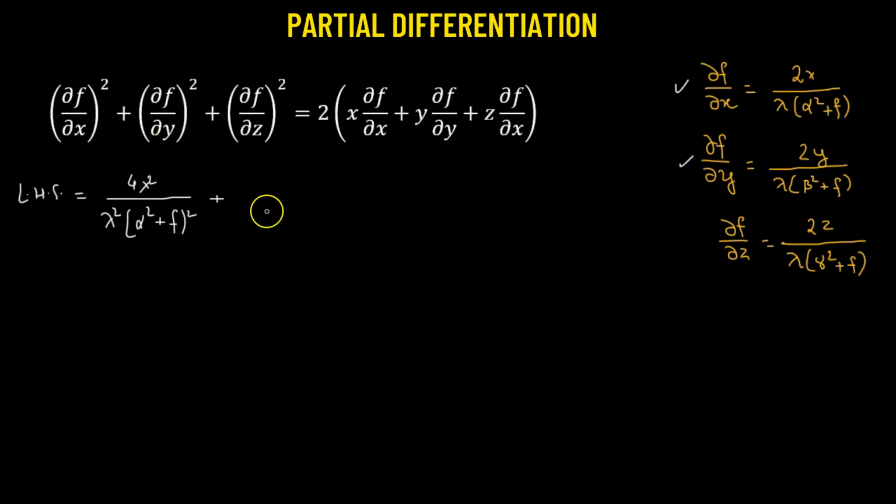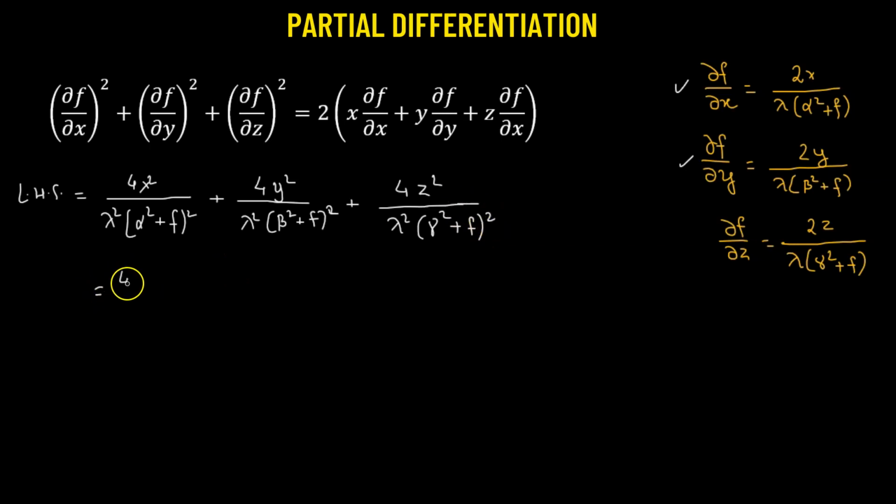We will use this expression to get 4y squared divided by lambda squared multiplied by beta squared plus f squared. And for the third term, we have partial of f with respect to z squared. So that will be 4 times z squared divided by lambda squared multiplied by gamma squared plus f squared.